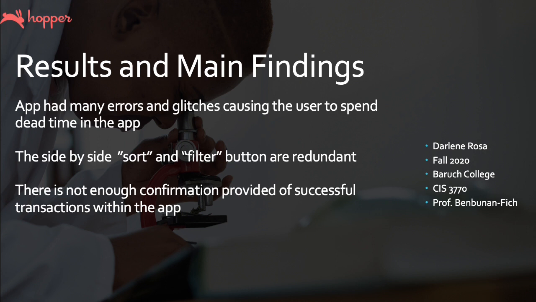They only gave the option of registering with a mobile number. Due to so many unsuccessful attempts within the app, there also wasn't enough confirmation of successful transaction with the app, such as success messages or your booking was reserved or anything of that sort.